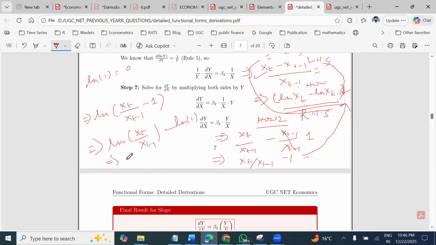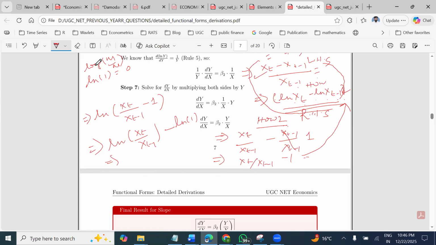Chinmay, what is the log m upon n formula? Ln m minus ln n.